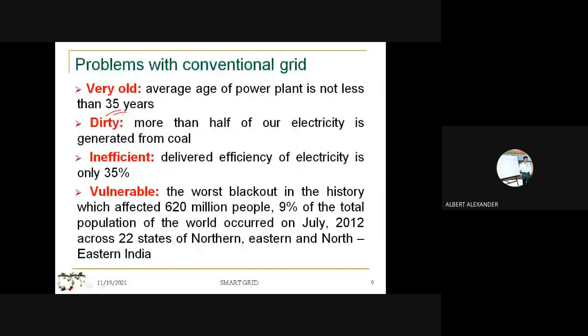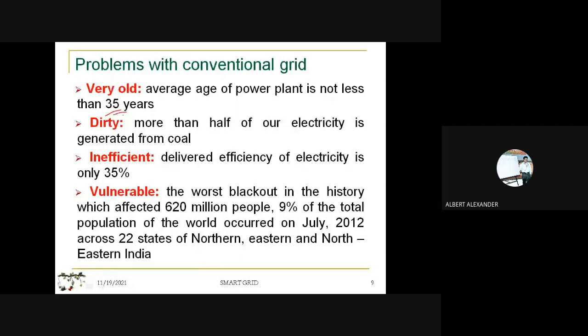It is also quite dirty, which means the quality of the power is not up to our expectation. We can also see the power delivered is quite inefficient.